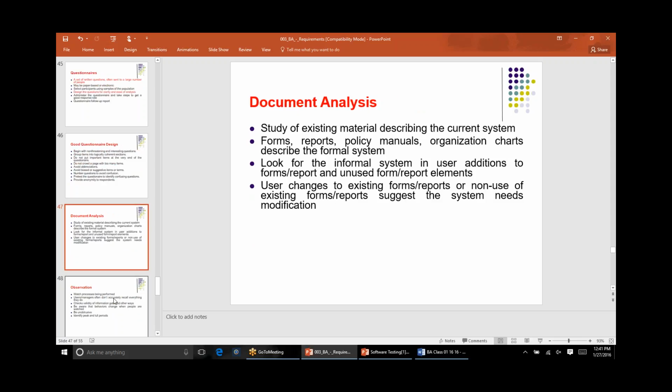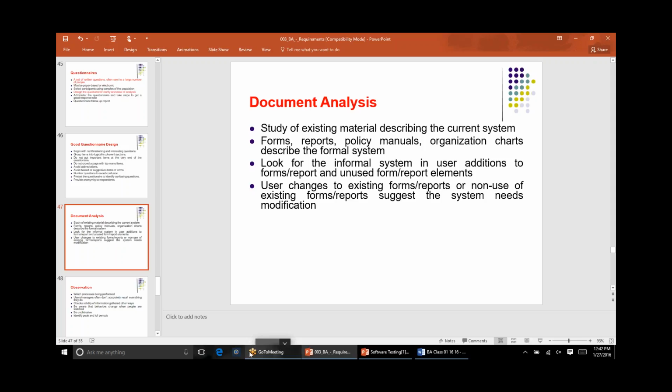Document analysis is to study the existing material and describe the current state. We talked about this yesterday and also briefly today. One of the very important aspects for understanding the future requirement is to understand the current requirement. We gather forms, reports, policy procedures, organization charts and others.